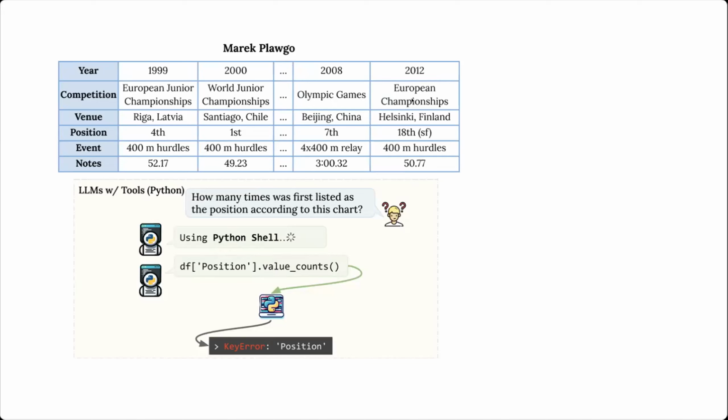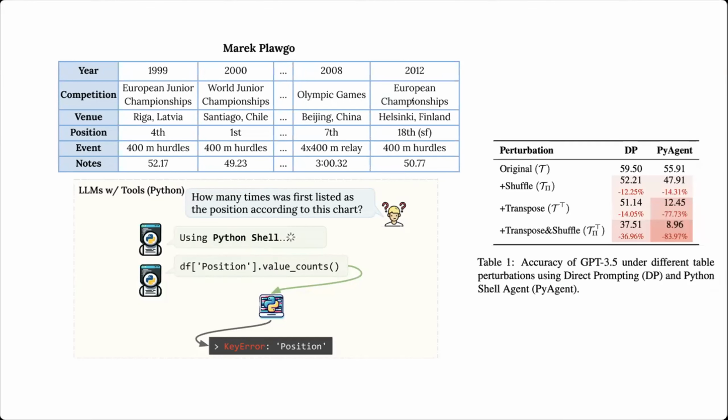So the large language model will try to write code to retrieve the columns, but it turns out to be errors. We can see the result here. If we add a perturbation of transposition and we are using symbolic reasoning, the performance drops by nearly 80%.